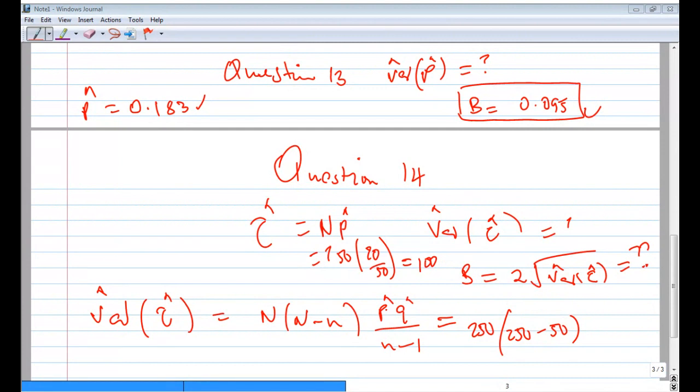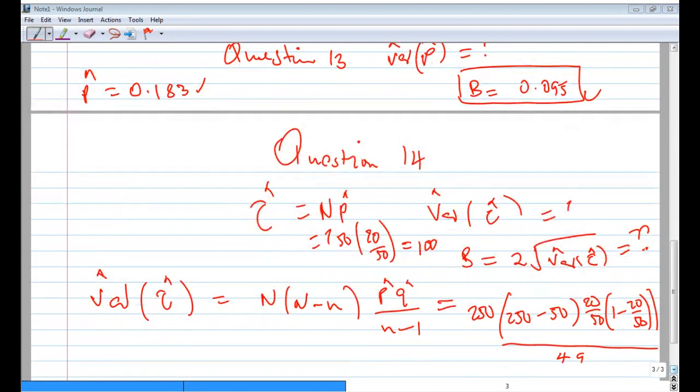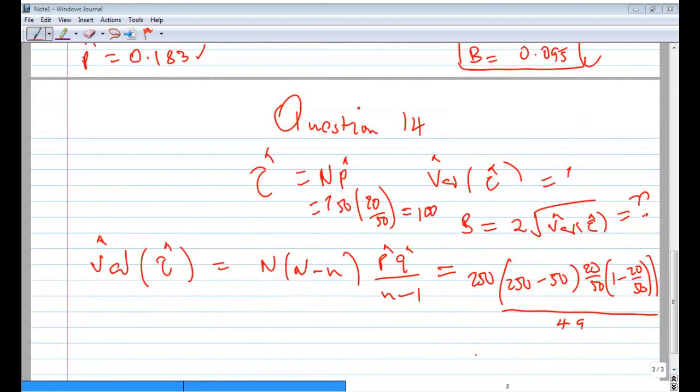P estimate is 20 over 50. Then 1 minus 20 over 50. Then you divide by n minus 1, which is 49. Then the answer is what?